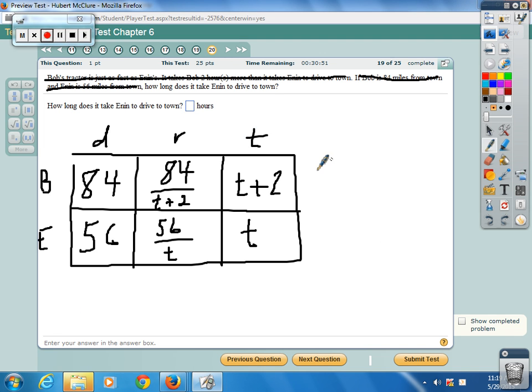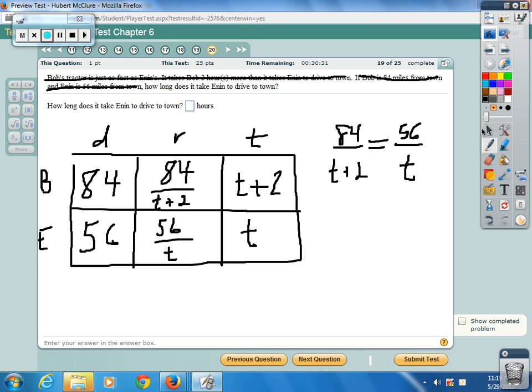So, 84 over t plus 2 is equal to 56 over t.